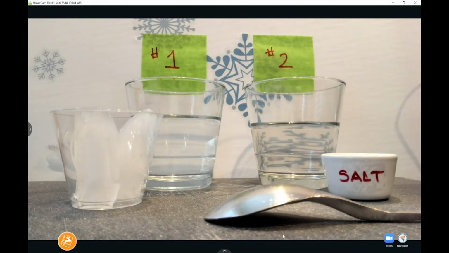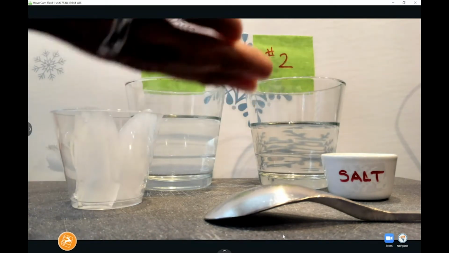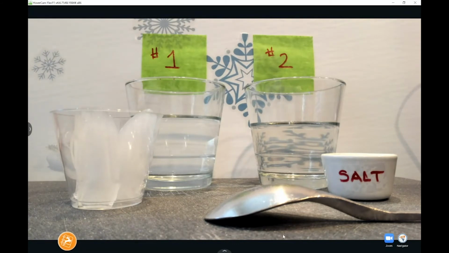So what do you think these are? Solids, liquids, or gases? Okay, so if you said solids and liquids, you're absolutely right. The ones that are visible to us are definitely solids, like the ice cubes, the spoon, the salt, even the glasses themselves. And the liquids, of course, would be the water.